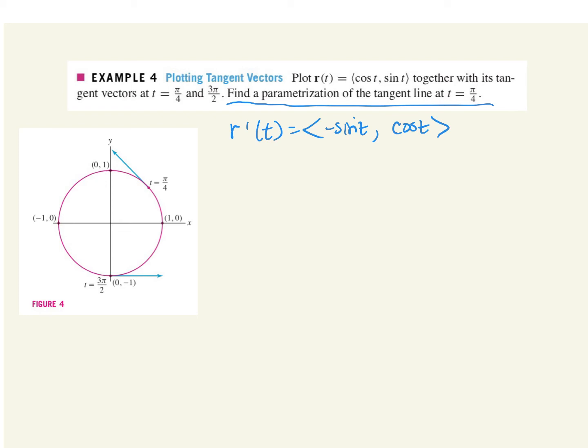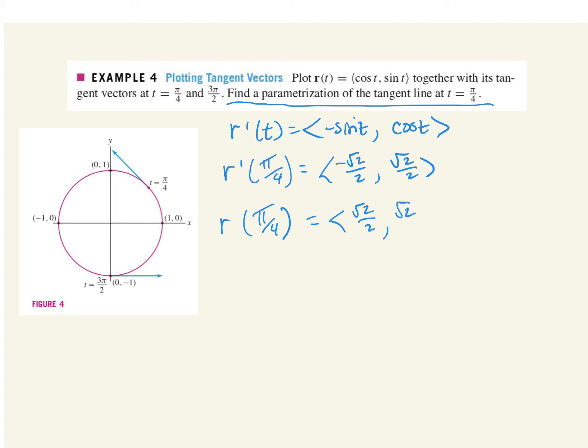My derivative at pi over 4 would be equal to negative root 2 over 2, comma, positive root 2 over 2. All right, so there's our slope. Our point, r at pi over 4, would be root 2 over 2, root 2 over 2.